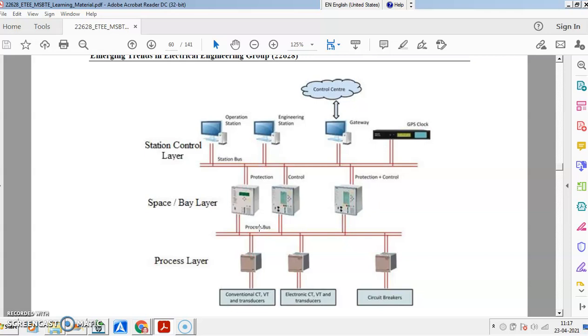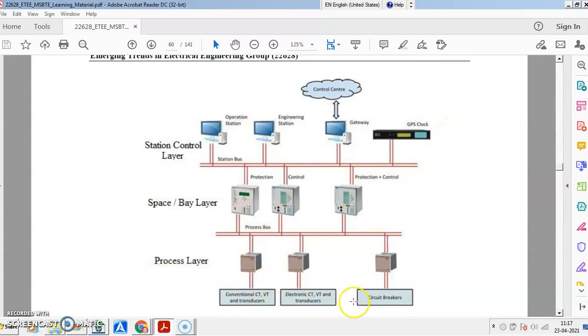Outer layer means controlling inside the station and outside the station. So communication is from inside the station and outside also. Then protection. So these are only the smart devices. This is as per the GPS.